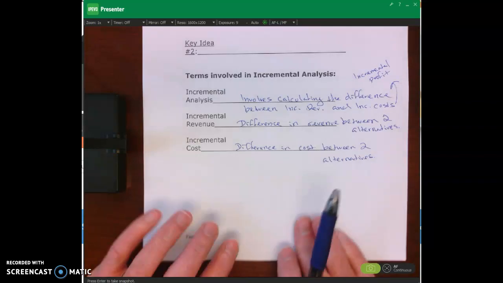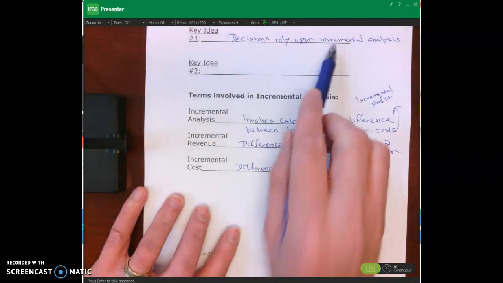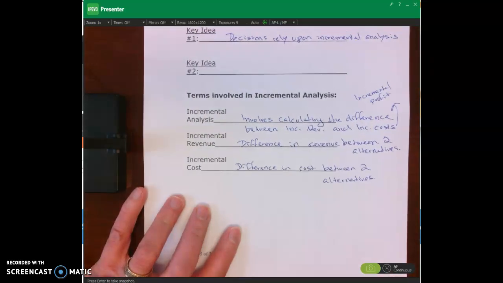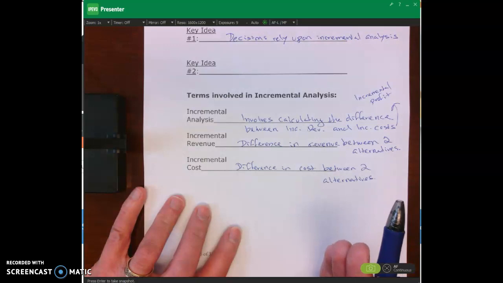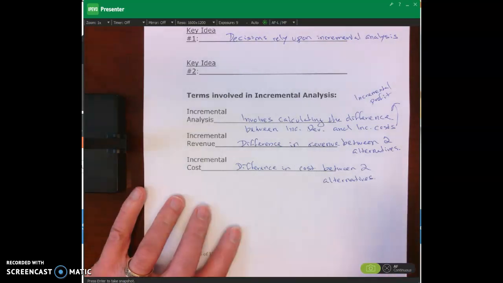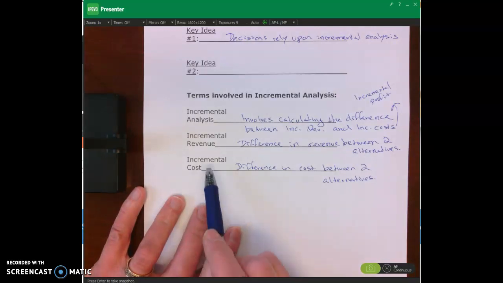Okay, so that's the first key idea, looking at incremental analysis. If there were some costs that I would have incurred, whether or not I moved, then they're not relevant. That's why, when we talk about that movie theater example, the price of the ticket, if you paid for the ticket whether you stay in the movie or you leave the movie, that cost is sunk.